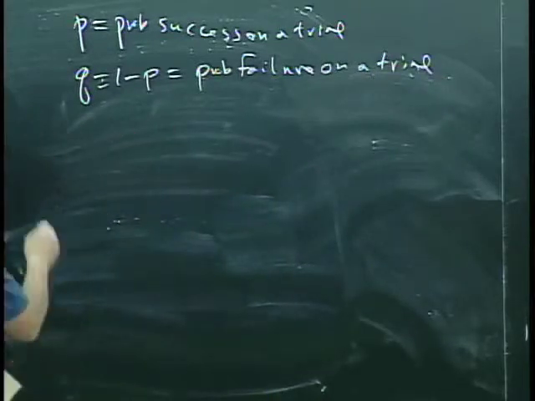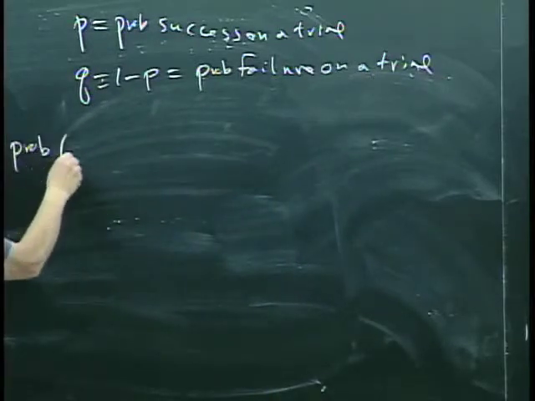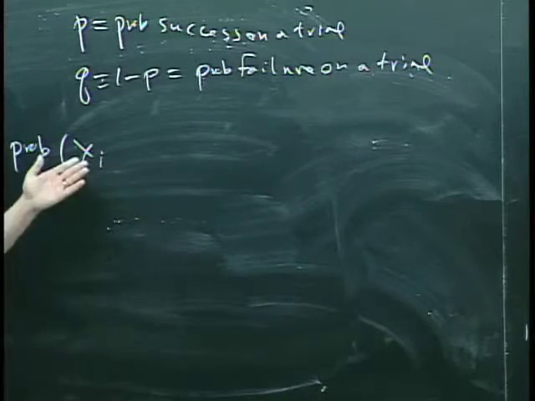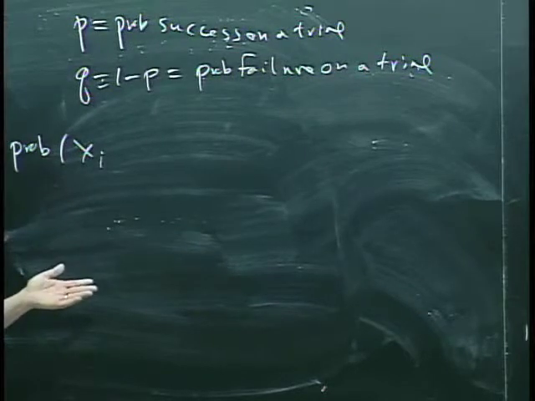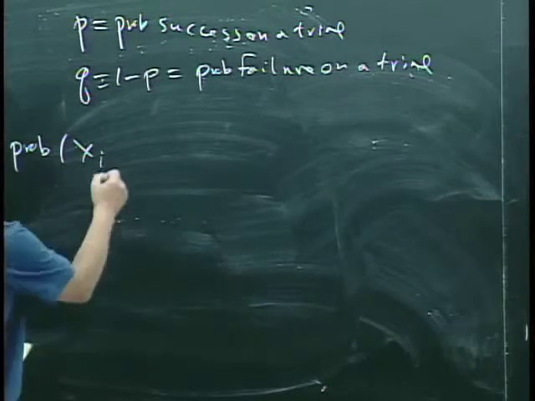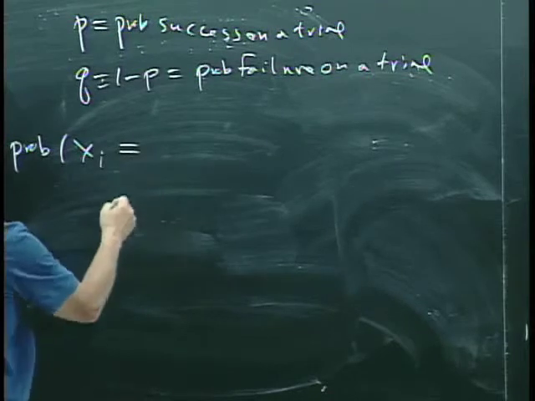Okay, so now we can ask, what's the probability that xi, the ith experiment that we're going to do, is equal to j?